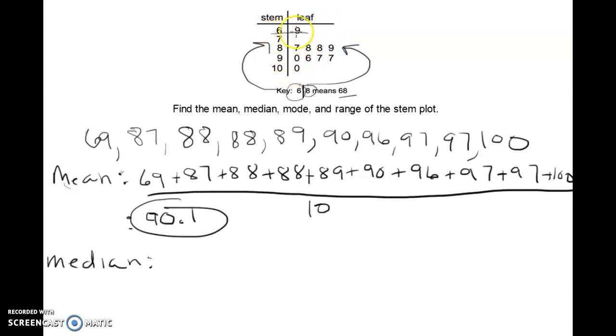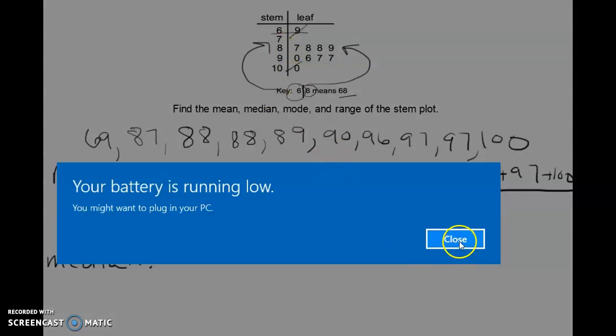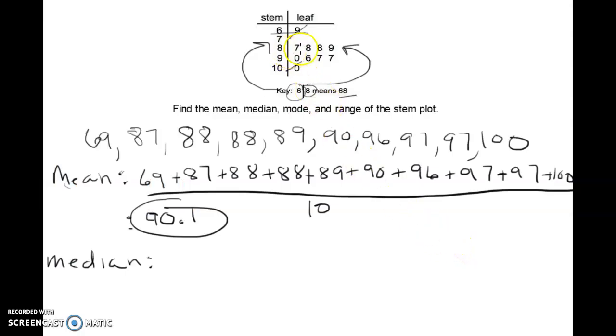So the smallest number here would be this 69, and then the biggest number would be 100. And then there's nothing in the 70s, but the next smallest number would be 87. And then the next biggest number would have to come over here because it would be 97. And then 88, 97, 88, 96.